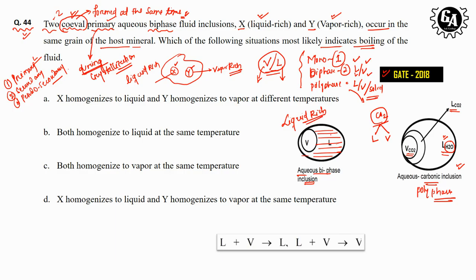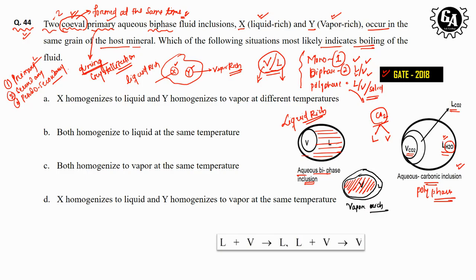If it were a vapor rich fluid inclusion, the diagram would be like this: this is your vapor and this is your liquid. This is your vapor rich fluid inclusion. Always remember, liquid is always present outside.